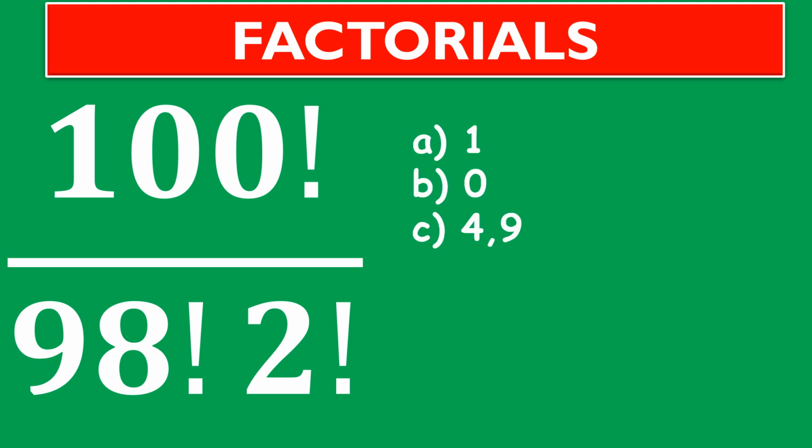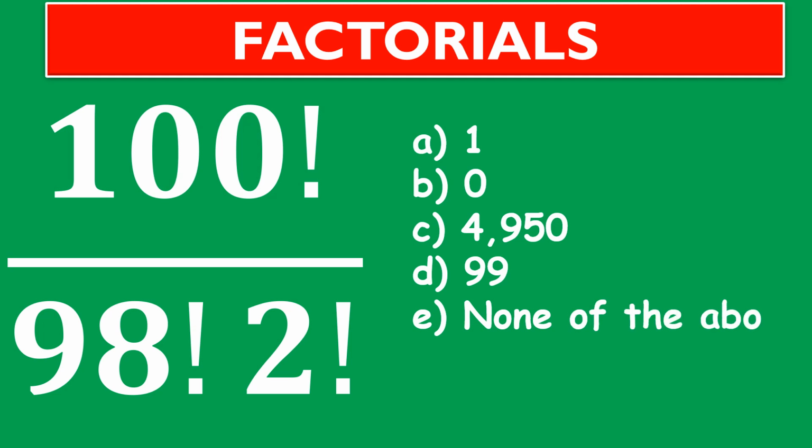Let's revisit our alternatives, which include A is equals to 1, B is equals to 0, C is equals to 4,950, D is equals to 99, and E is none of the above. From our solutions, we see clearly that the answer is 4,950, and that is C.